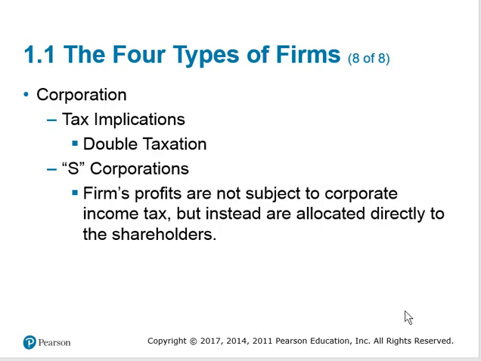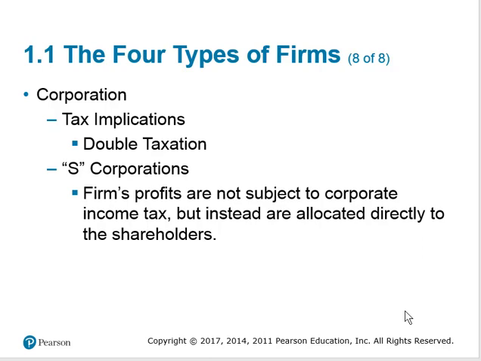Essentially what we have is the corporation, since it pays its own bills, has its own tax bill. And once earnings are distributed to owners, the owners also have to pay taxes on their income. So the concept of double taxation says that corporations pay taxes twice.